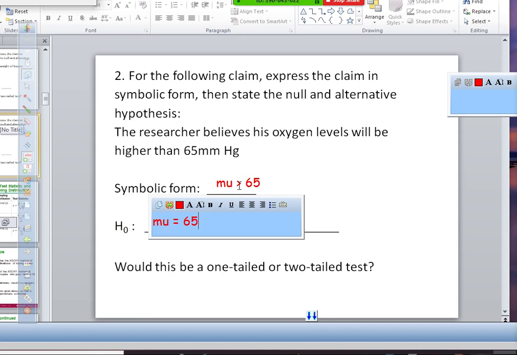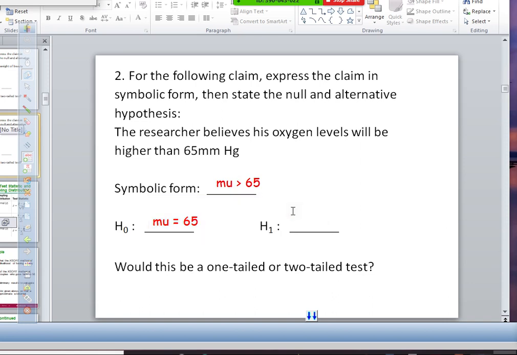No, they're not. This is greater than, this is equals. So since they're not the same, then H1 has to be whatever my claim is. I have to make H1 my claim, because my claim has to be one of these two. If my claim isn't equals, then H1 is my claim. So that becomes mu is greater than 65.